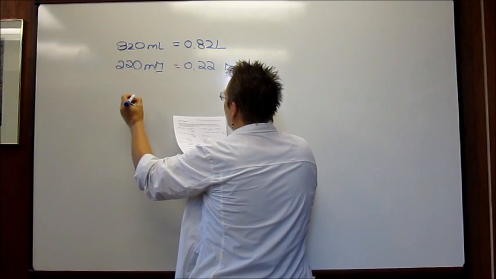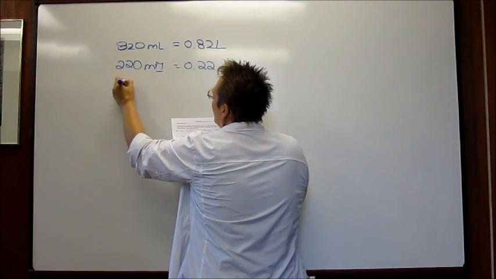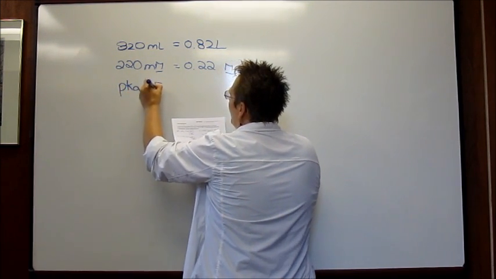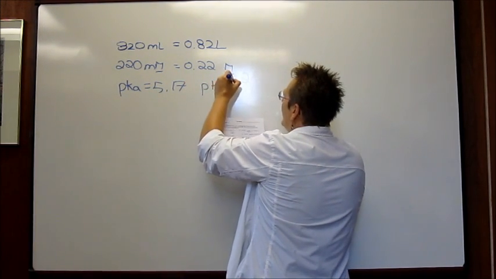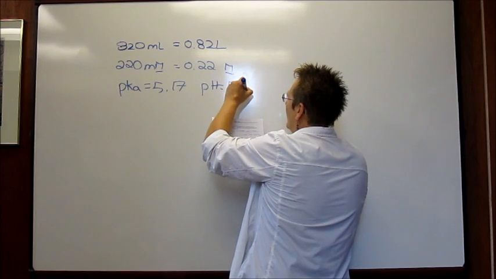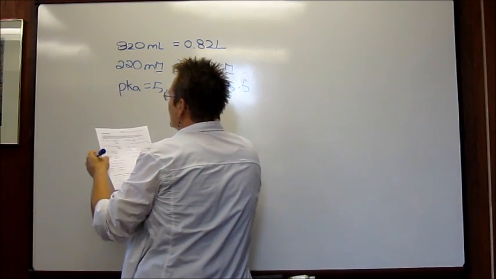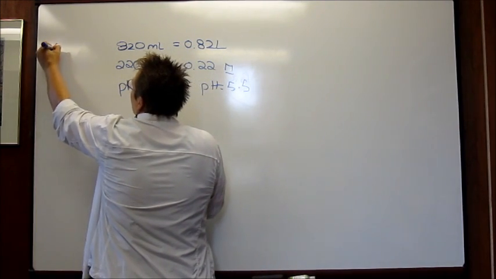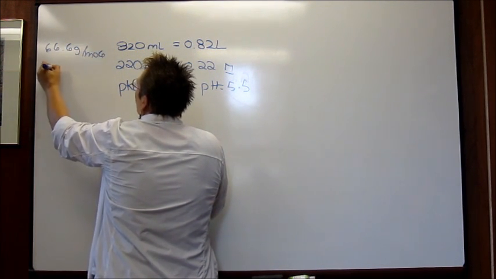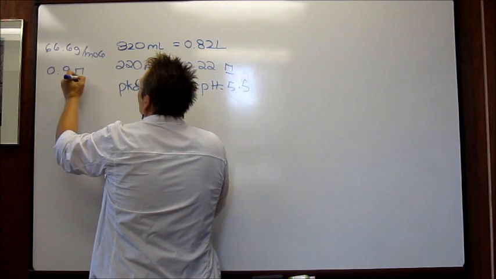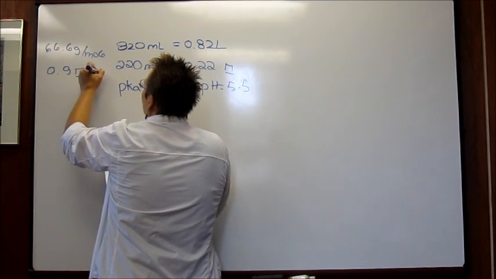We have an acid-base pair which has a pKa of 5.17. We're at a pH of 5.5. And we have our salt at 66.6 grams per mole. And we have a 0.9 molar solution of HA.